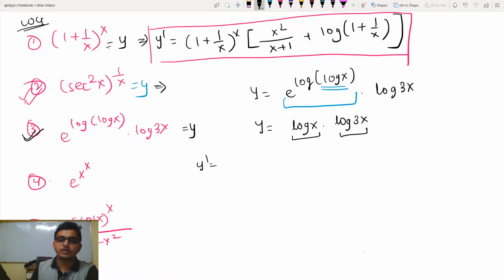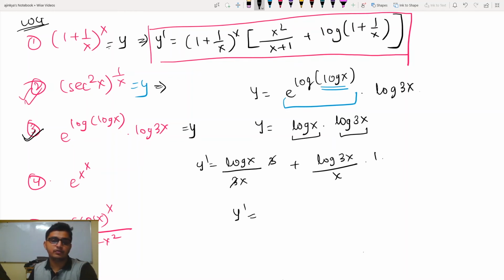So y dash will be, first keep log of x as constant and differentiate log of 3x, which is going to be 3 upon 3x, so the 3 gets cancelled, plus log of 3x as constant times 1 upon x. So your final answer is y dash equals, since we don't have to take any log, it is a direct calculation problem, 1 upon x can be taken as common, log of x plus log of 3x.